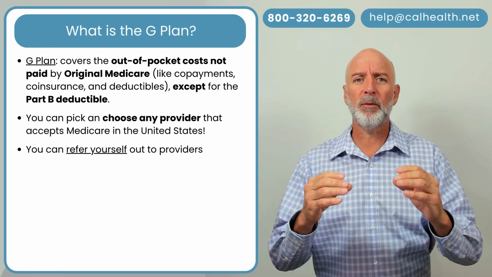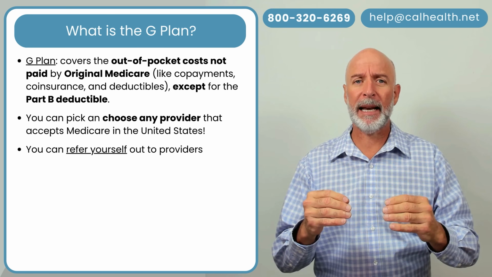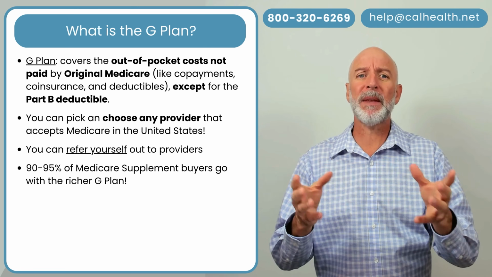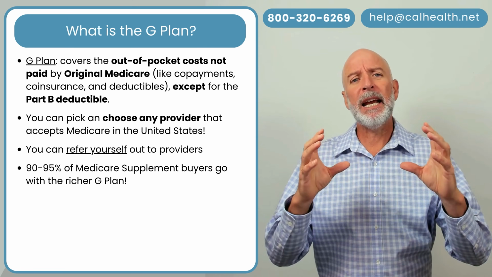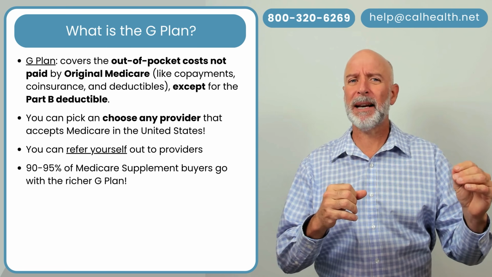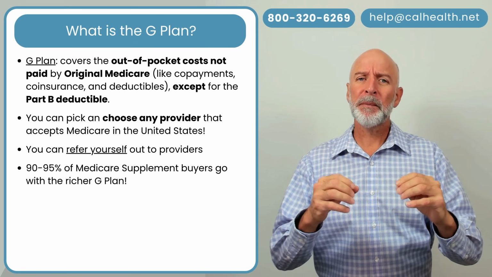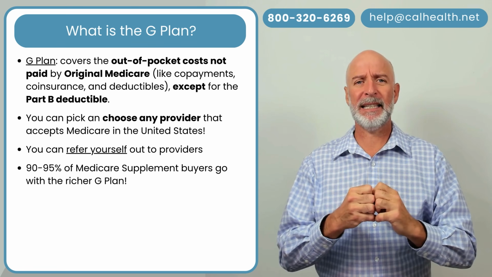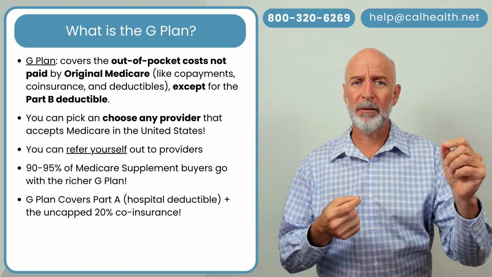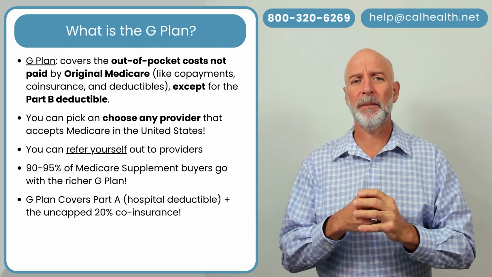The G plan is one of many Medicare Supplement plans, but almost 95% of new enrollment is with the G plan. Here's the core pieces we want to look at. There's lots of little parts of what Medicare Supplements cover, but the real bulk of it is this. The G plan will cover the Part A or hospital deductible, which is a big one.